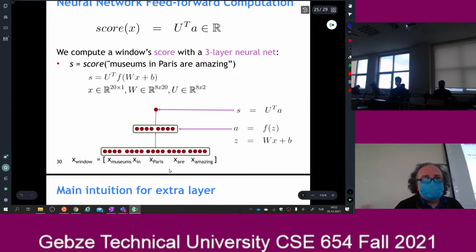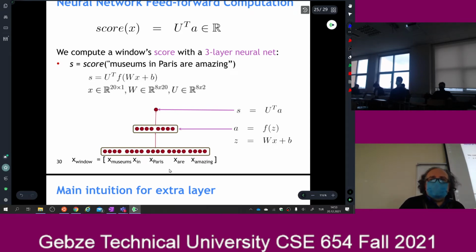I simplified it for the sake of putting everything together in a single slide. Okay, so X is my input. The size of X is 20 by 1, so it is a vector. It is 20. So I multiply this X with a weight matrix of 8 by 20.